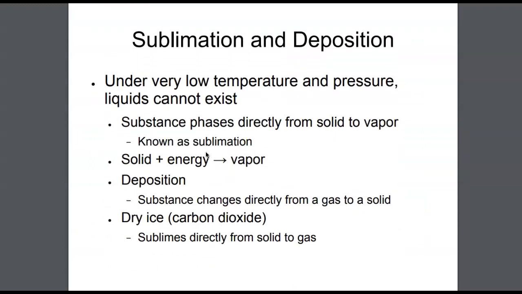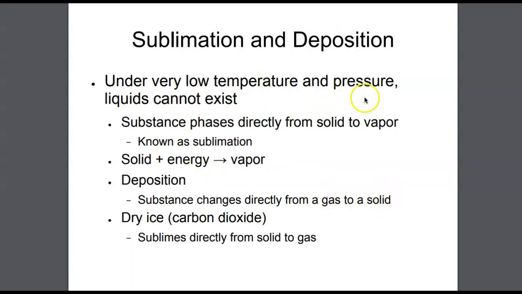And then one of the cooler phase changes is going to be sublimation and deposition. So under very low temperature and pressure, liquids cannot exist, so the substances will go directly between a solid and a vapor. That's going to be known as sublimation. Then deposition, that's when we remove energy from the system and it goes from a gas directly to a solid.